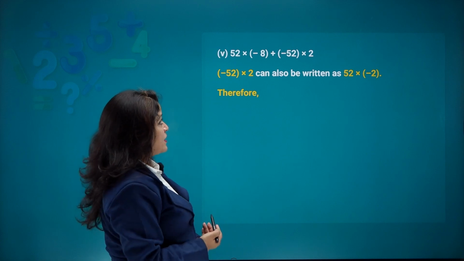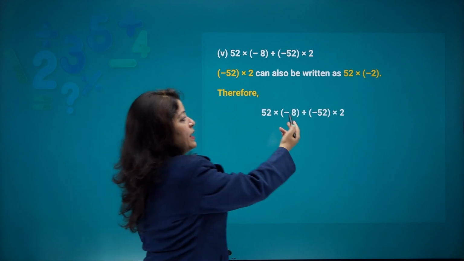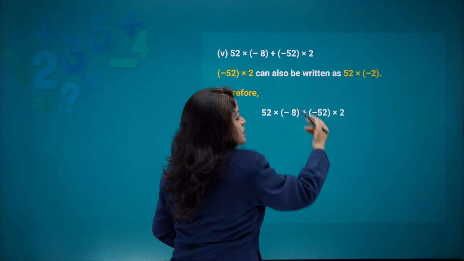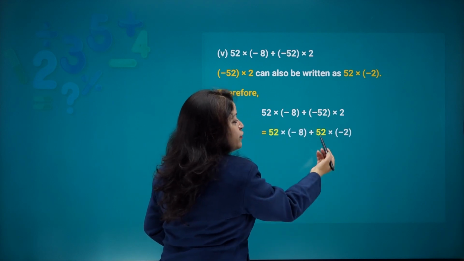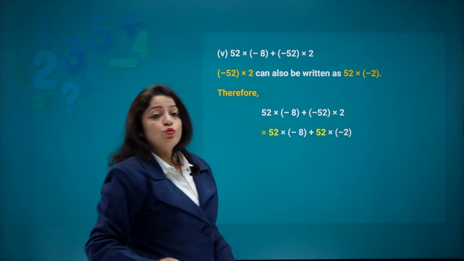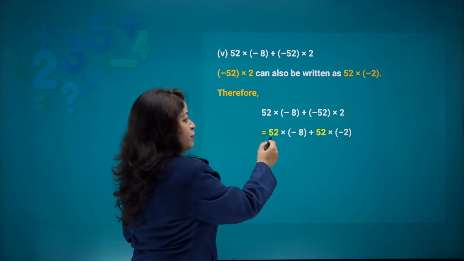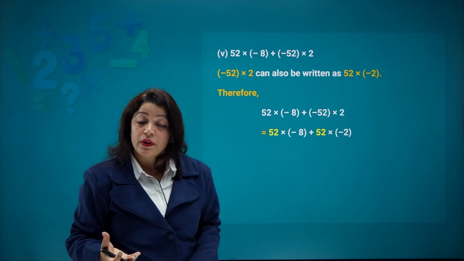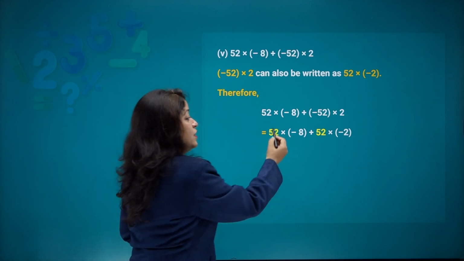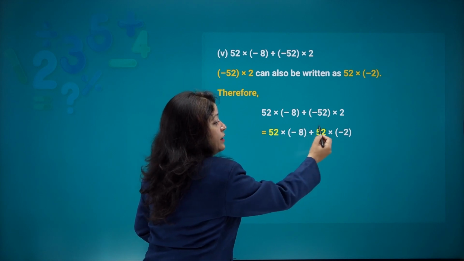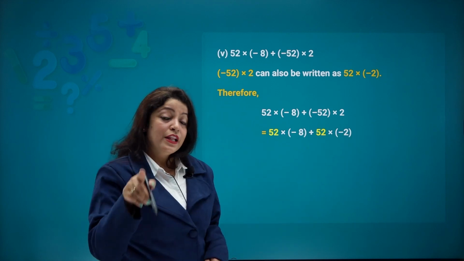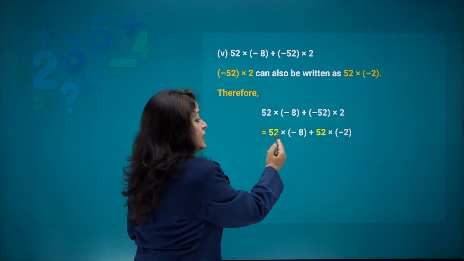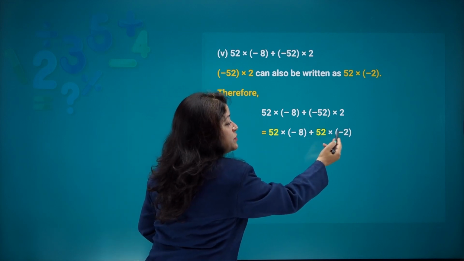So now let me write here 52 times minus 8 as it is, and this can now be written as 52 times minus 2. And now you can see 52 and 52 is common. It is in the first product and it is in the second product also. Now can we relate it with a times b plus a times c?